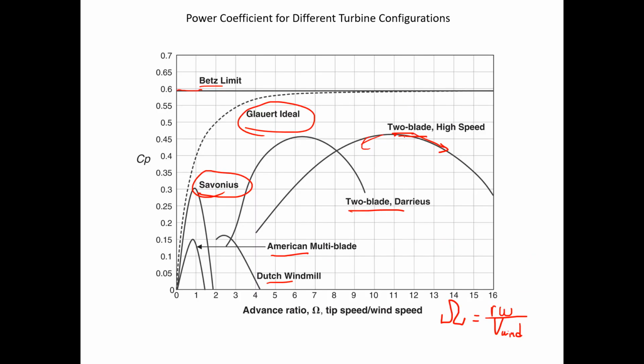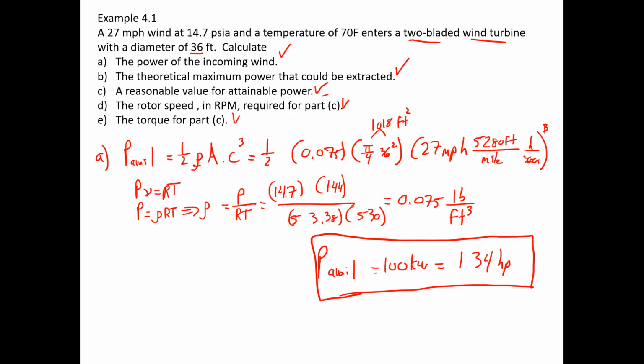So if I look at the two-blade wind turbine or the two-blade Darrieus model, the maximum power extraction, at least not according to the Betz limit, but according to its performance, is just slightly above 0.45. That's for an advance ratio, sorry, of 11 for the high speed version, and a Darrieus version that gives us a tip speed ratio of a little over 6.